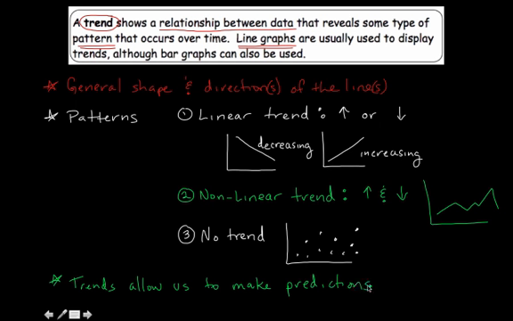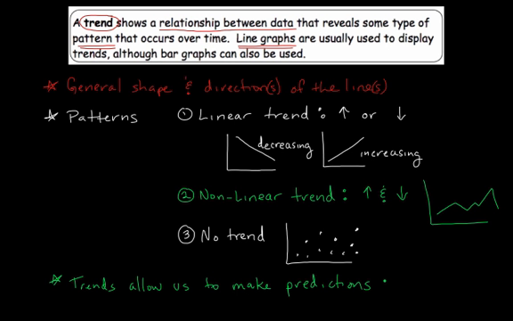And predictions are really important because sometimes we only have a fixed amount of data, and so we don't have any data for something that might happen in the future, but we want to be prepared for what we may or may not see. If there's an overall trend in the data and we can make the assumption that that trend will continue in the future, it allows us to predict how much of something or how often something might happen, depending on the type of data that we're collecting.